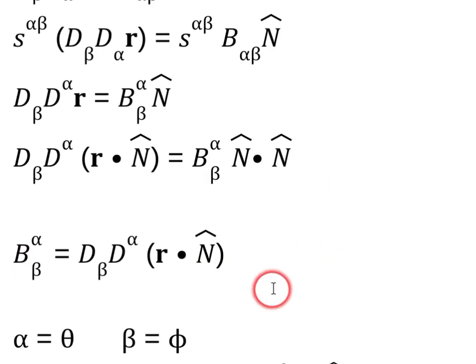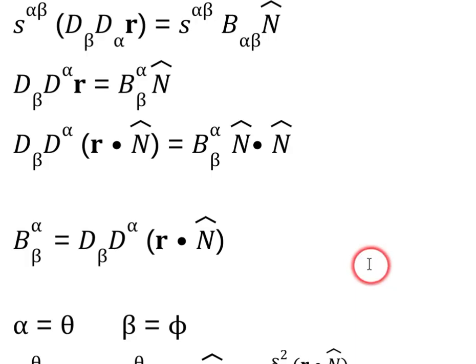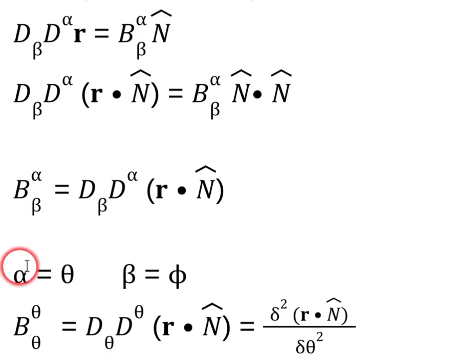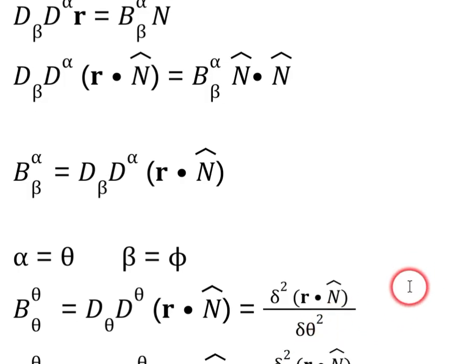On our surface, our embedded surface in the ambient space, we only have two coordinates, alpha and beta, which were theta and phi, right? We did that back in video number 1. Since this is a 2-index tensor, we need to find a 2 by 2 matrix of components of this tensor. So as an example, the theta theta component would be the second derivative of this expression with respect to theta squared.